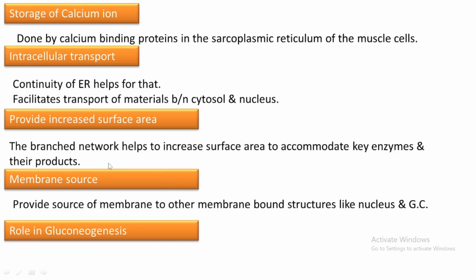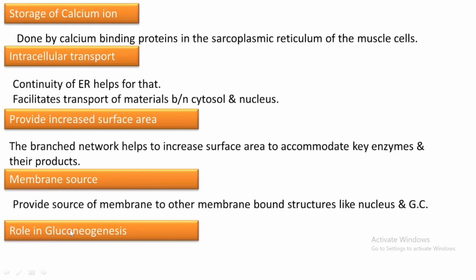That is the significance. And membrane source means it acts as a source of membrane for other membrane-bound structures like the nucleus and Golgi complex. If the Golgi complex or nucleus need some membrane parts, they depend on the endoplasmic reticulum.